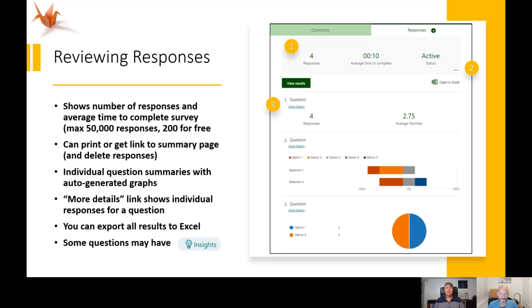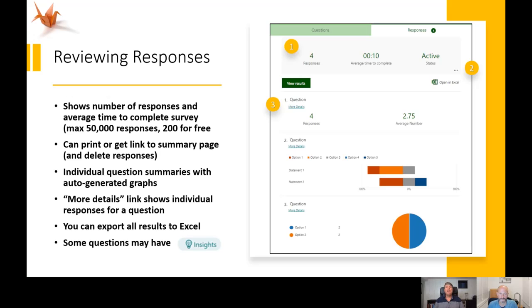In this case, there were 4 responses, and on average it took 10 seconds, because I created a very short survey. But if that becomes 10 minutes or 25 minutes, maybe that's a little too long. So you can see how long actual people are taking.